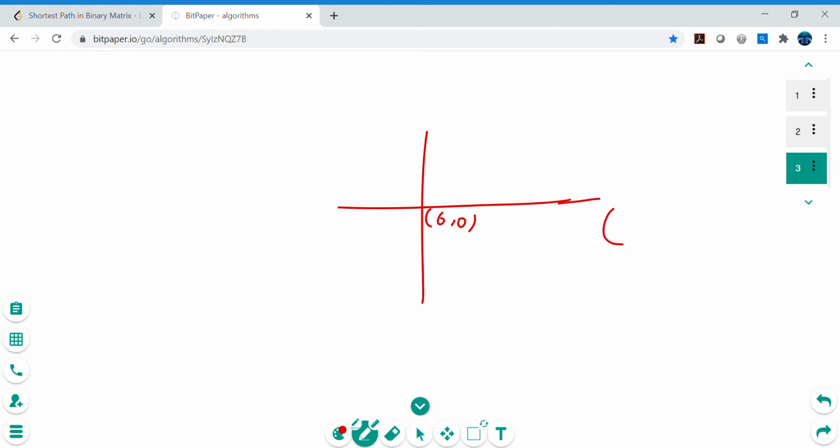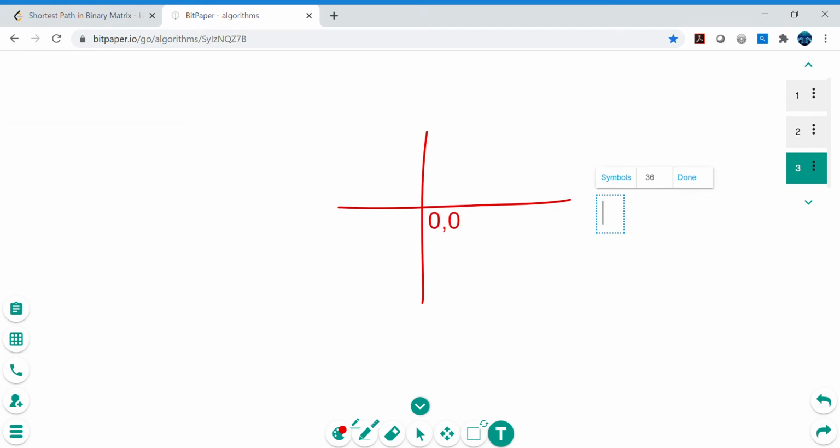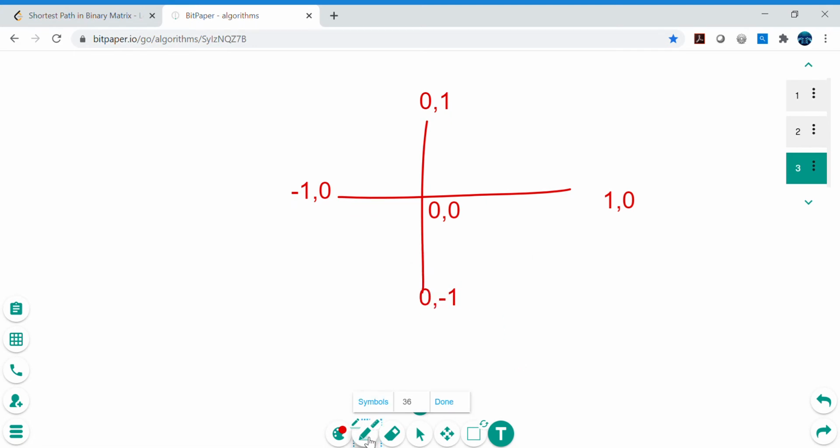If we see here, this is 1 comma 0. Let me use better typing, maybe I can use this. Okay, so this is 0 comma 0, and here the coordinate is 1 comma 0. Here the coordinate is 0 comma 1. This coordinate is -1 comma 0. This coordinate is 0 comma -1. How did I calculate these coordinates?